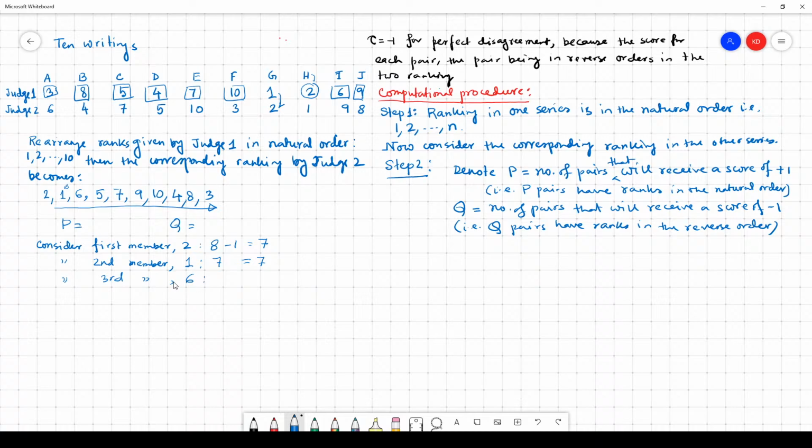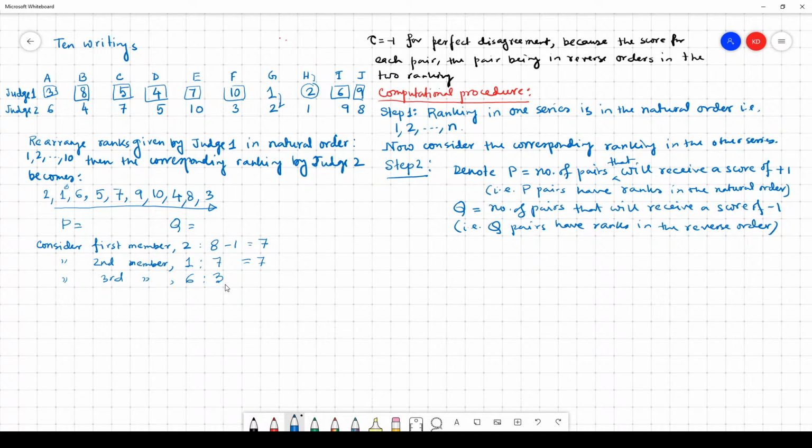And now tell me what is the total score corresponding to 6. Just tell me quickly. It's very easy. If you look at the right hand side of 6, there are 1, 2, 3. There are 3 members which are greater than 6. So 3 plus 1, I write just 3.